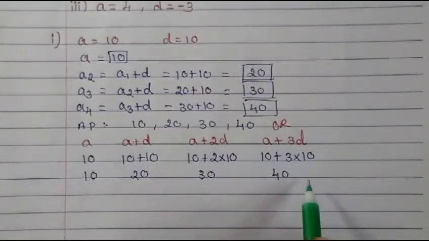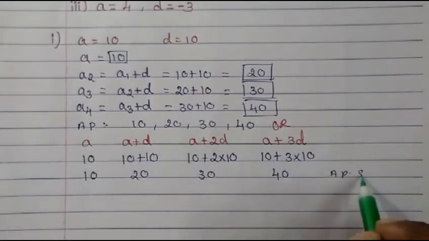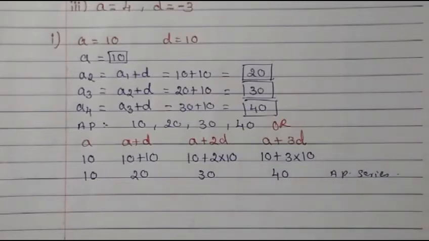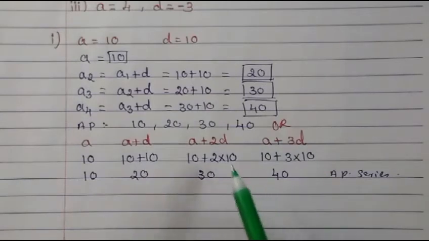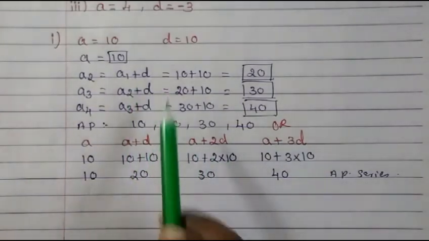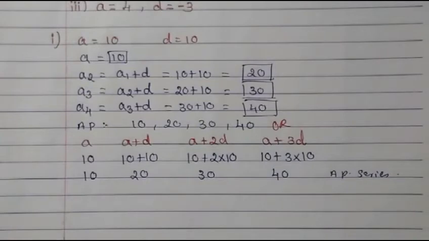So this way also you can write the AP series. In this sum I taught you both the formulas. Now for the remaining ones I will use this formula, and you can use either this method or this method. It is your choice.